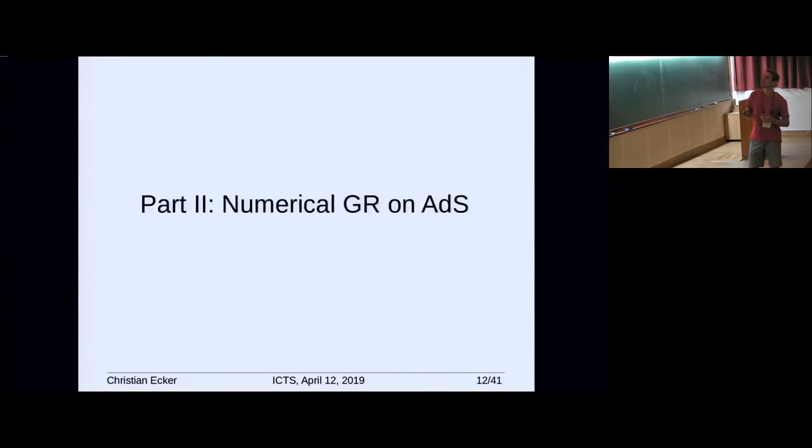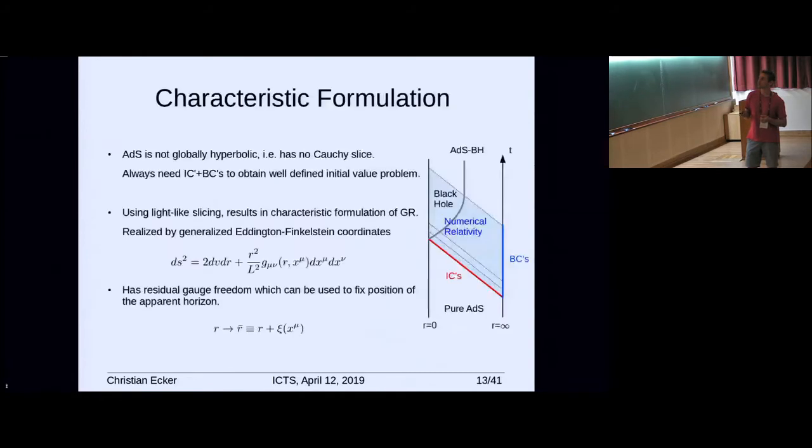Okay, so that's so much for the first part. Now let's come to the numerical GR part. What I will be talking about is this characteristic formulation of general relativity. The first thing I want to mention is that whenever we want to describe a time evolution problem in general relativity, we have to make sure that we have a well-defined initial value problem.